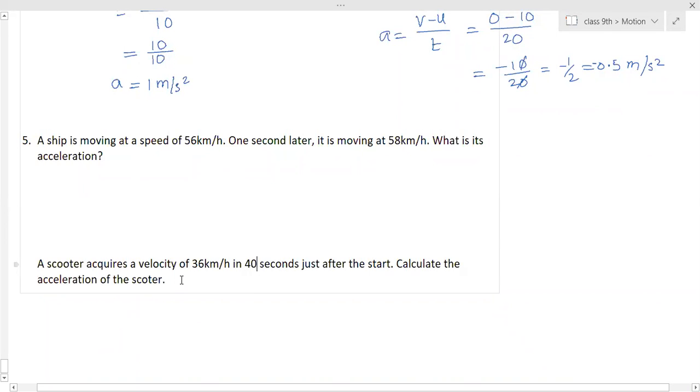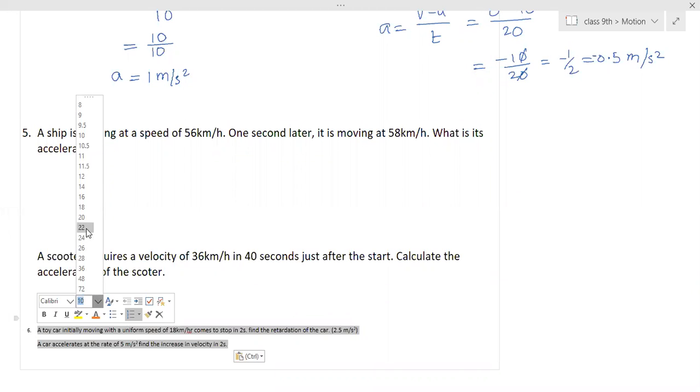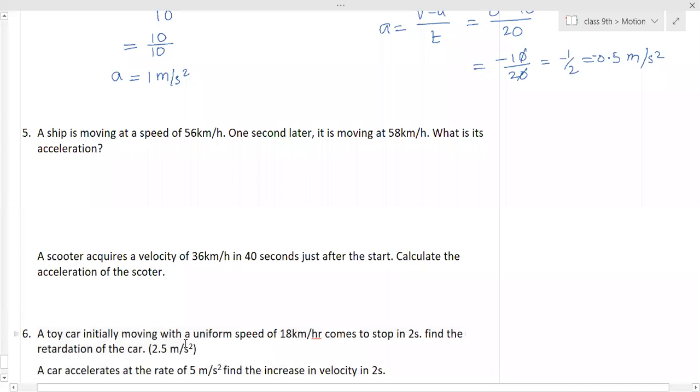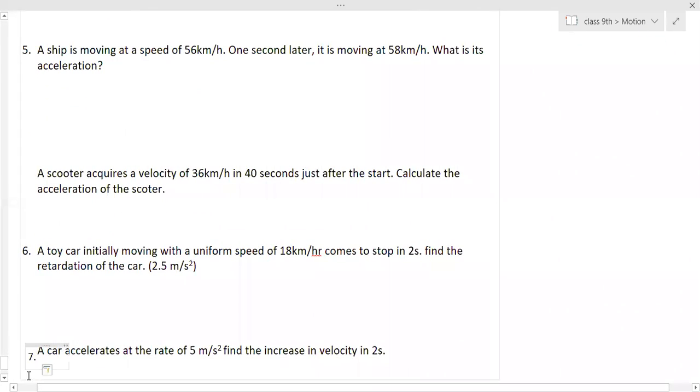Ma'am, I got 0.25 meter per second. 0.25 meter per second square is the answer of that sixth question.